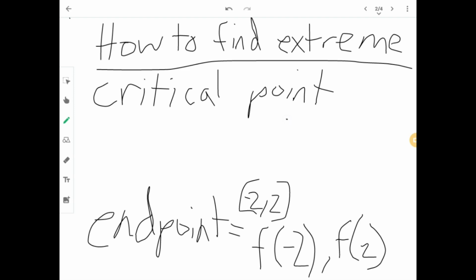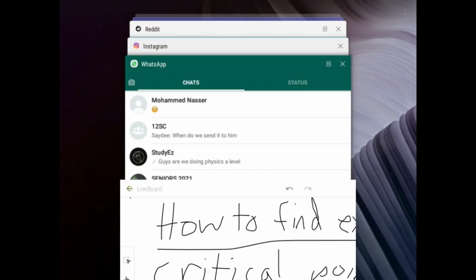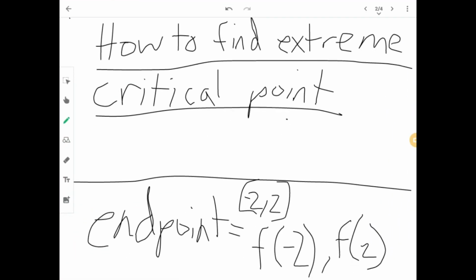So critical point is anywhere where it has the derivative equal to 0. So f prime of x equals 0. So you just check that, and then you compare it with the endpoint. And then also, it's where it's not defined. So it's where it's undefined.